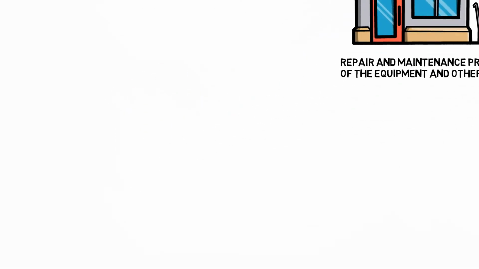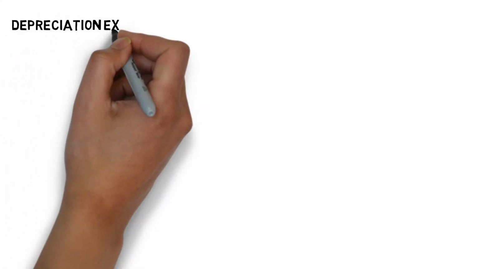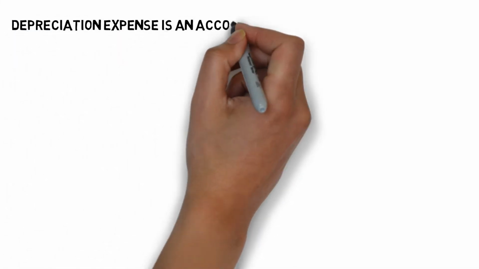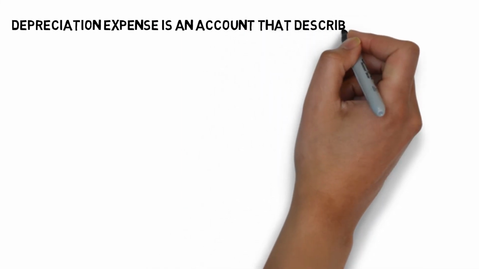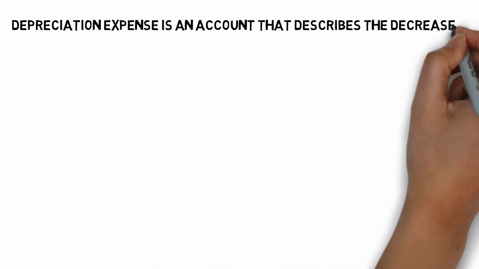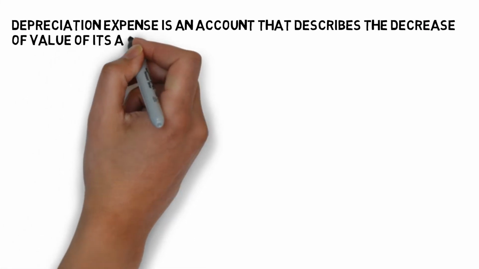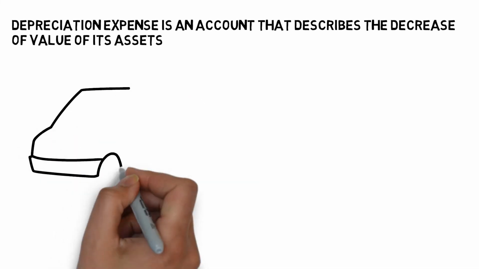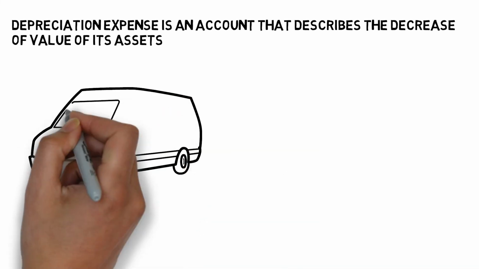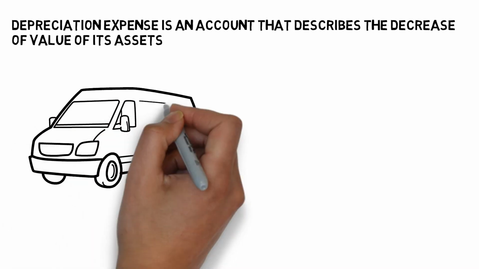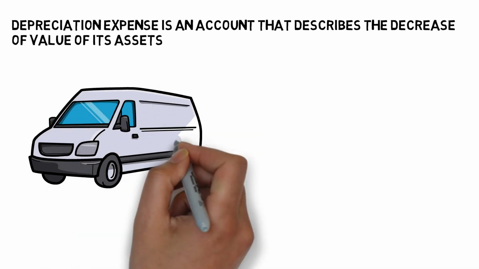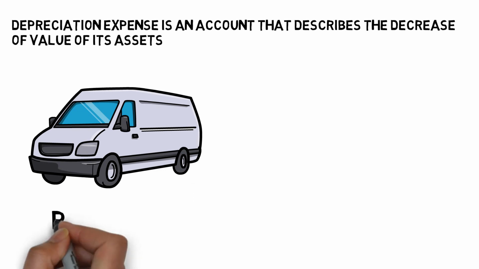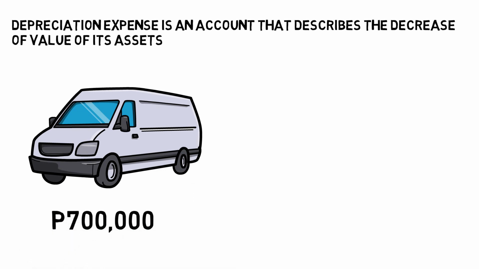Now let's proceed to the next accounting term, which is depreciation expense. This depreciation expense is an account used in accounting that describes the decrease of value of the business assets. To illustrate, let's say Mr. Villanueva bought a vehicle worth 700,000 pesos for his delivery business.